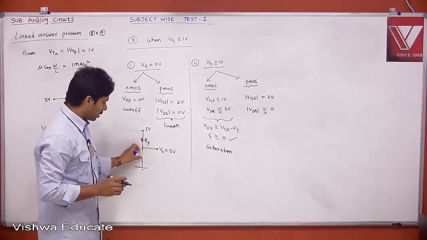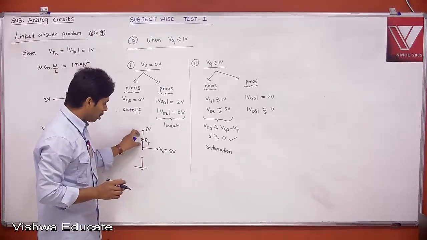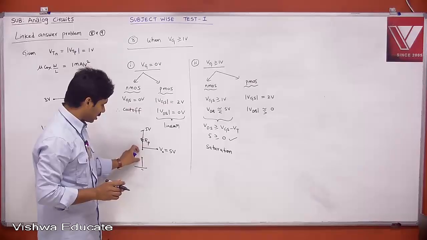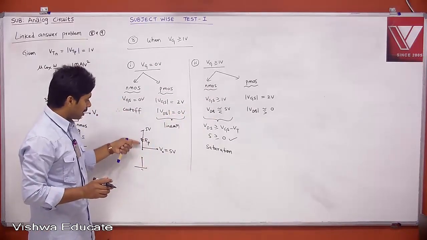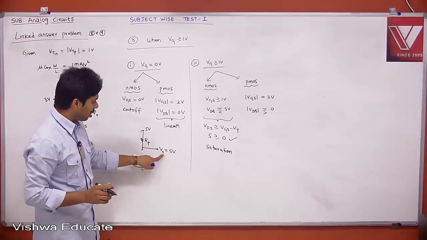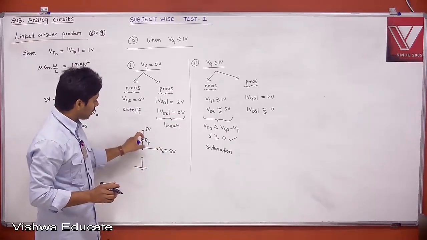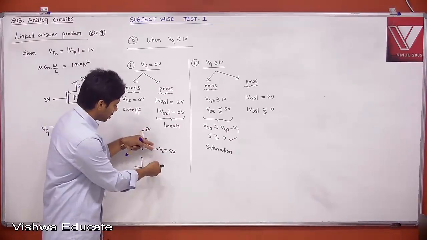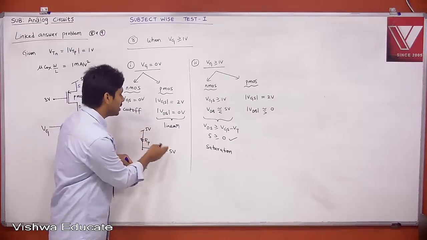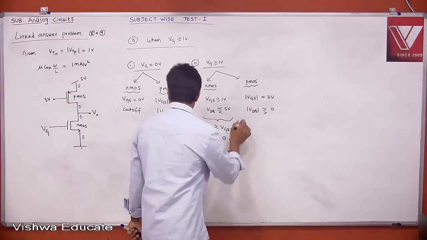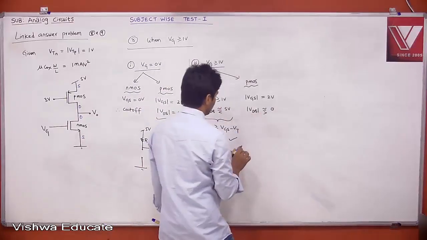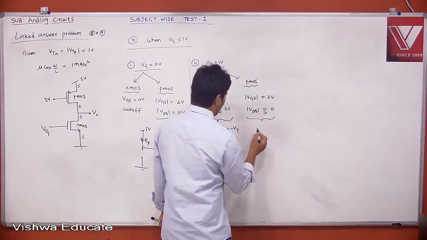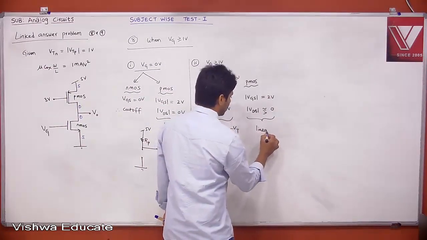Because when there is a current, there will be a small drop across RP, but the current is very small because the VGS of NMOS is slightly greater than 1. Current is very small, so the drop across RP is also very small. V0 is almost equal to 5, but 5 is equal to this voltage plus this voltage. If there is some drop, V0 will be slightly less than 5 volt. But VDS is almost 0. Then what is the region? This is still linear region.